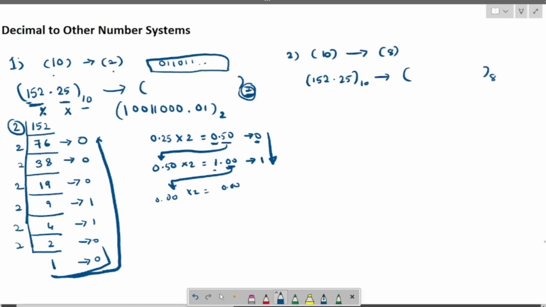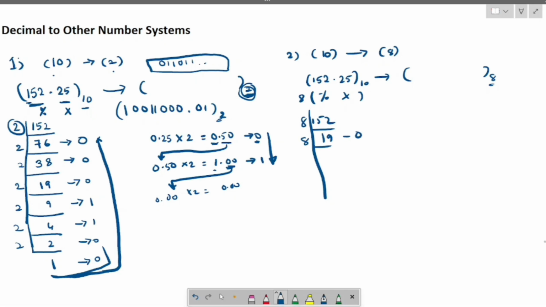8. Same way, divide it with 8 and multiply the same thing with 8. Here we were done with 2, right, the base value. Same way here we are going to do with 8, like 152, take aside 8. So 8 times 19 is 152, remainder is 0. Again 8 2s are 16 and remainder is 3, right?